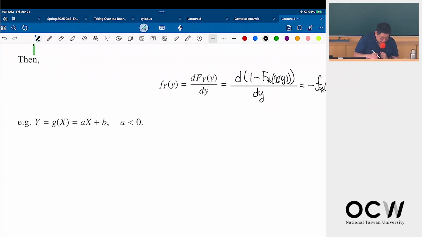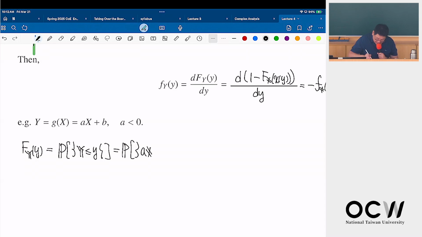So the CDF of y is by the definition, the probability of your random variable y less than or equal to some point y, and we just replace y by ax plus b.